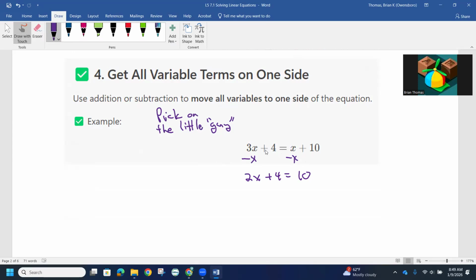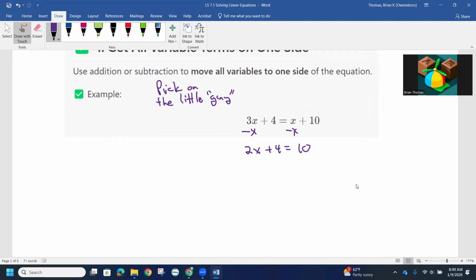Between a 3x and an x, I consider x smaller. So to get rid of it, I use its opposite. So I subtract an x. But to do that, I have to balance the equation by subtracting an x on the other side. So this creates a new equation that's still true because it's still balanced. It's a different equation, but it's a balanced equation, and that's the key here. So it may be different, but it's still a true statement.